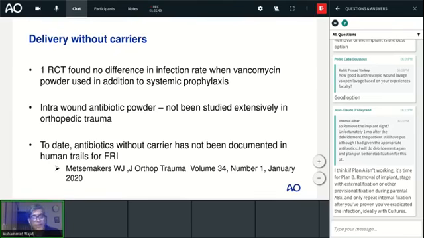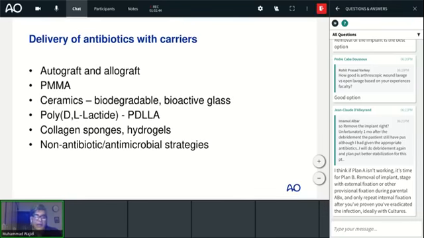So how do we deliver the antibiotic locally? There are various mechanisms. It can be in addition, along with the autograft or allograft. We all know bone cement, ceramics, biodegradable and bioactive glass, poly-DL-lactide, collagen sponges, hydrogels, and then there are non-antibiotic antimicrobial strategies.